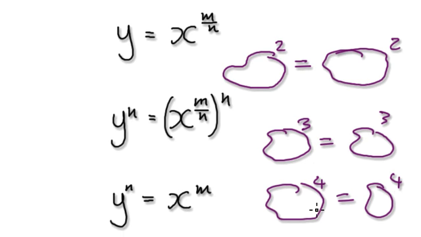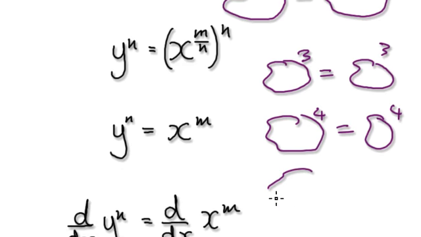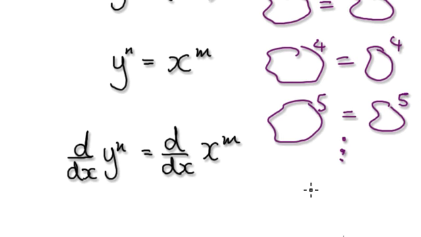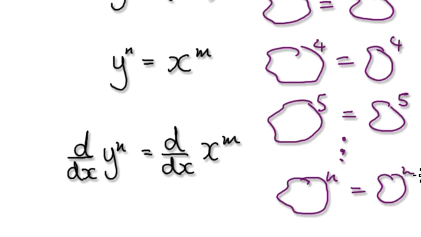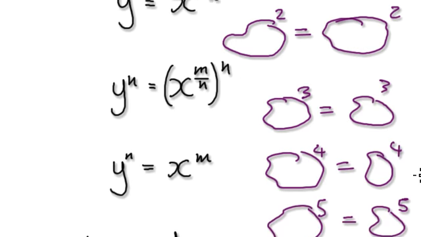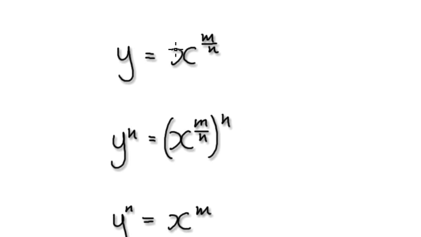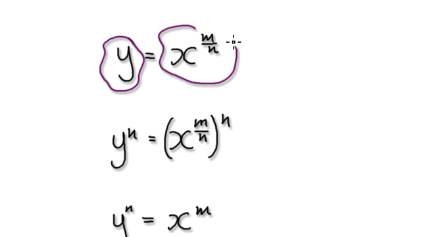So in this case, you know that you can power it to the 5. So we can power it to the n. My point is that when you have an equation where one thing is equal to another thing, you can power it to the n on both sides.